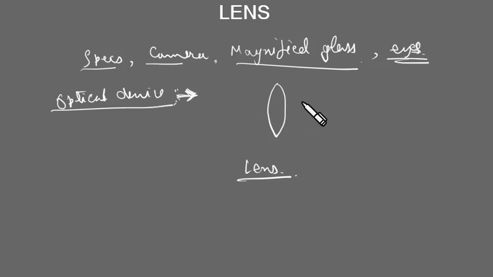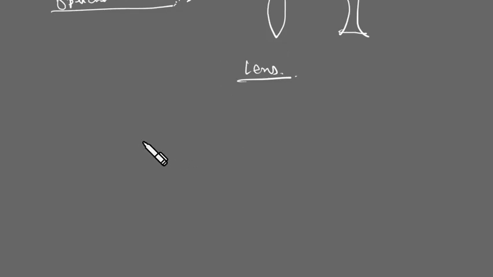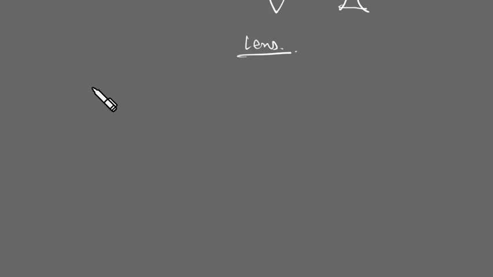Anyway, there are two types of lenses: convex lens and concave lens. A lens whose middle part is thicker than the two edges is called a convex lens.